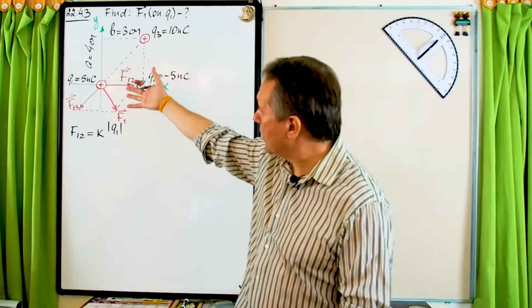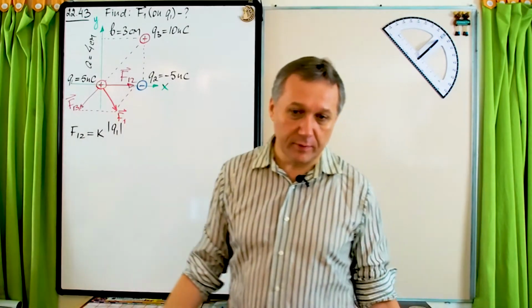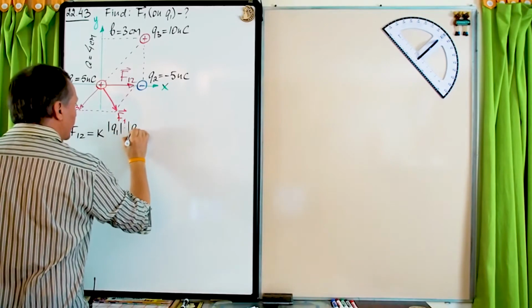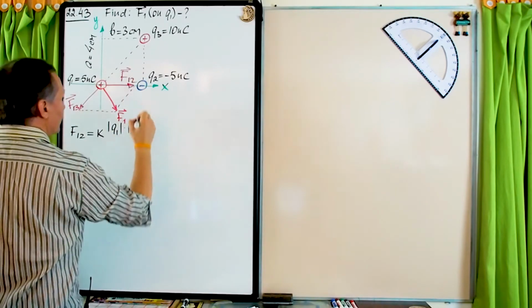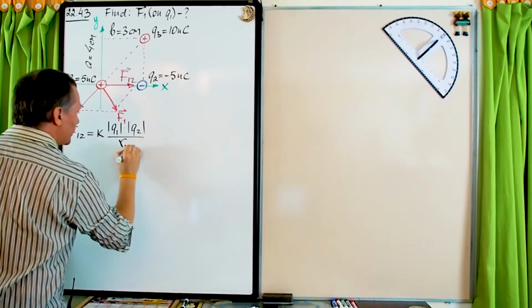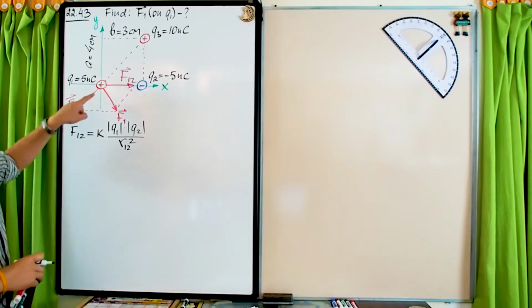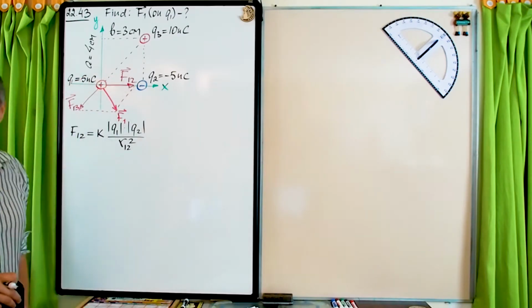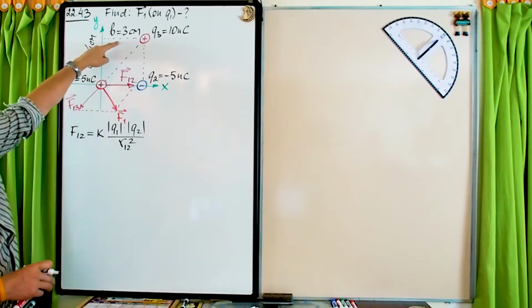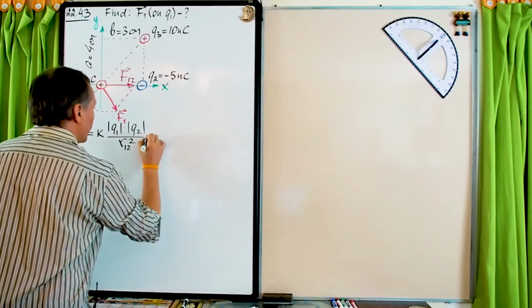And then since we have a nice diagram, I can take care of the directions if we need that. Then multiply by the absolute value of the charge q2, right? And divided by the distance between these two charges. R12, it's the distance between charge 1 and charge 2. And of course, we know what this distance is, it's just b, right? R12 is b. Right.